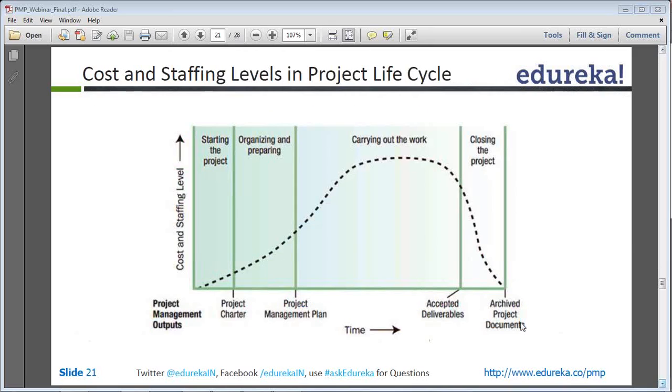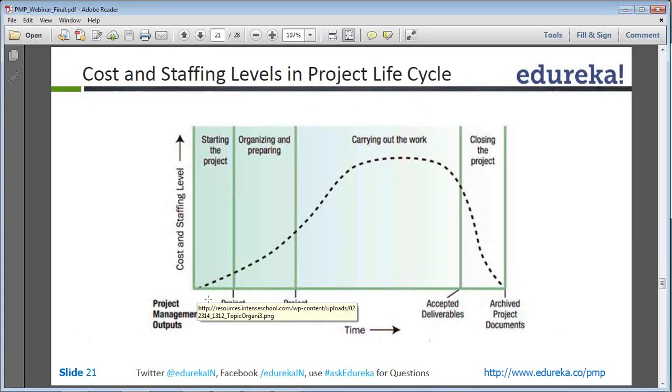And what we see in the life cycle is, at the beginning of the life cycle there are fewer resources used and the cost is less. But as we go to execution, at the execution stage there is the maximum number of people, and maximum cost is incurred at that stage.